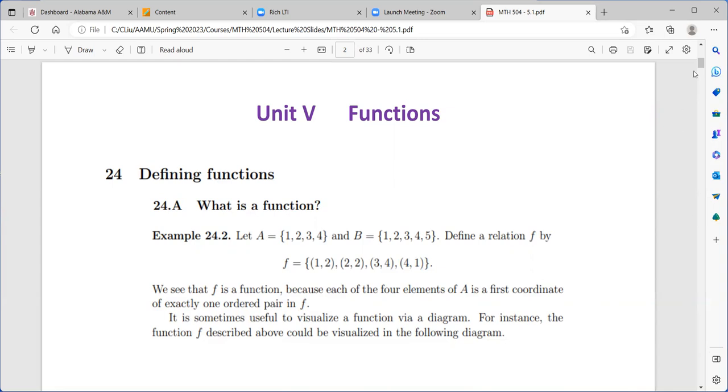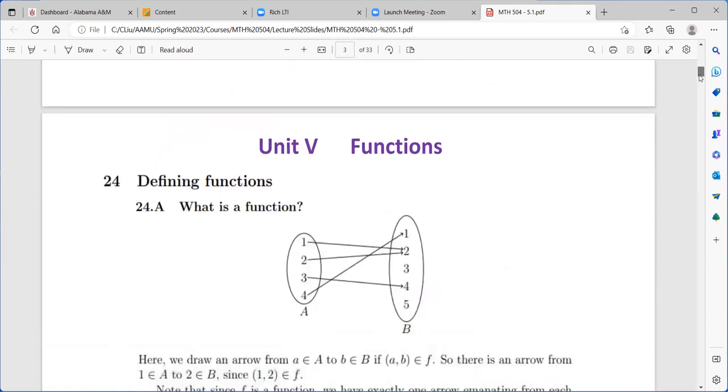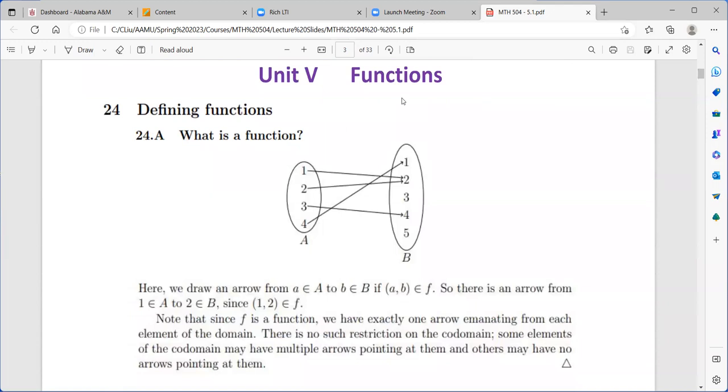Okay, let's see how we draw the graph or diagram of the function. We just draw the two sets A and B side by side with all the elements or numbers explicitly shown. So we have 4 numbers in A and 5 numbers in B. And then we just indicate the correspondence between the two sets element by element.